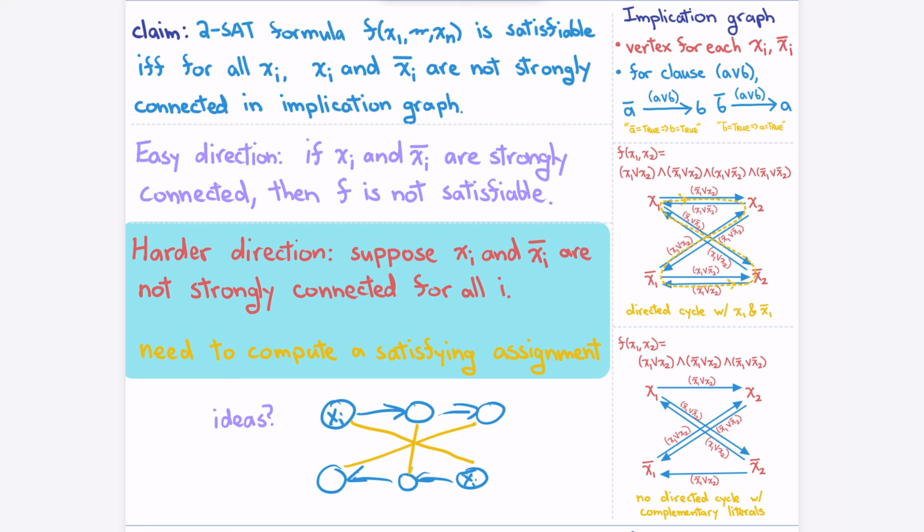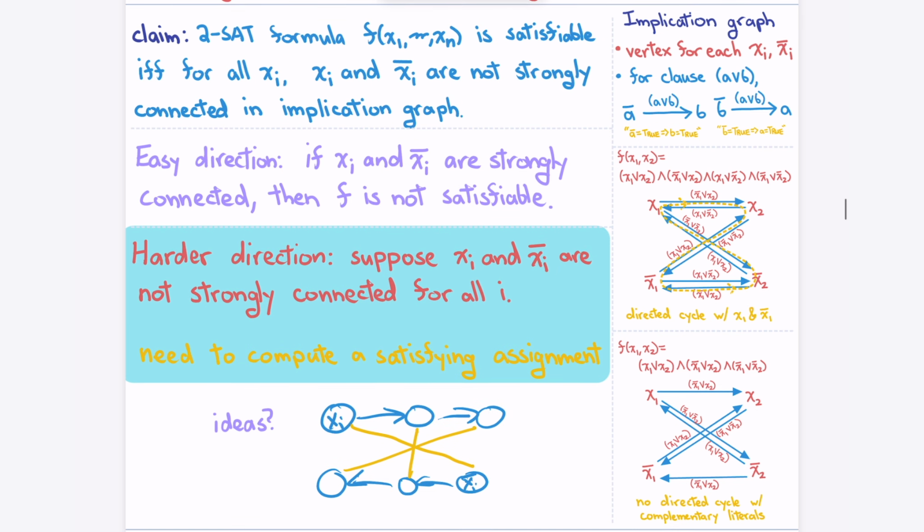No. Okay, so at some level, you want to pick one SCC and make it either true or false. Right? I mean, at some level, that's what we have to do. We have to go one SCC at a time. Which is the safest, and why? Because we know that same SCCs have to be given the same assignment. One SCC, everyone gets the same assignment, right?